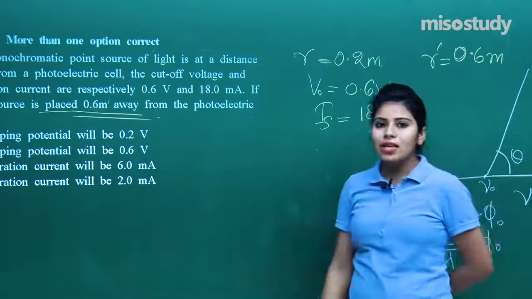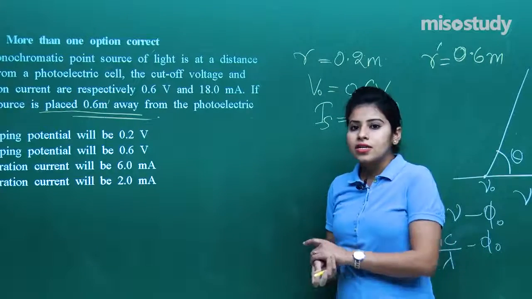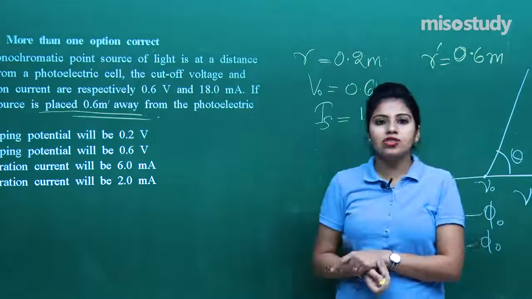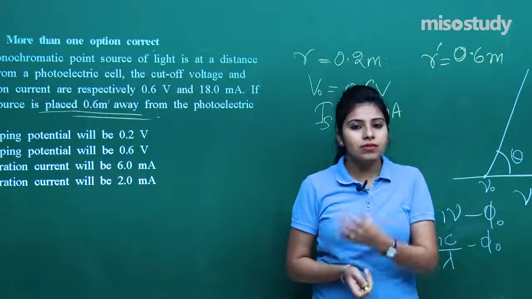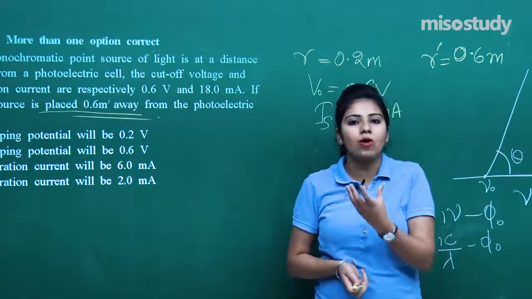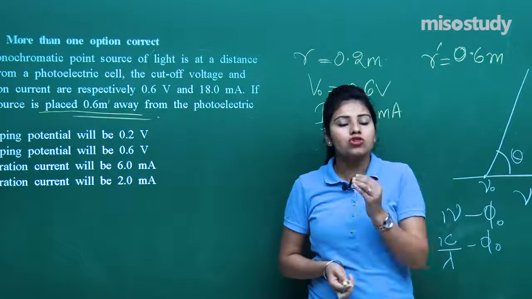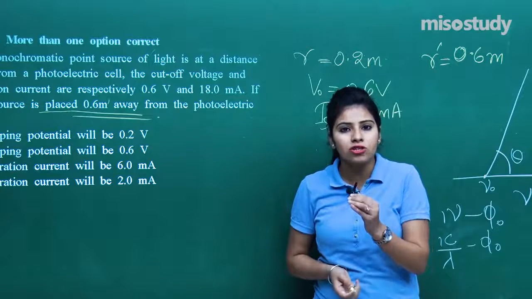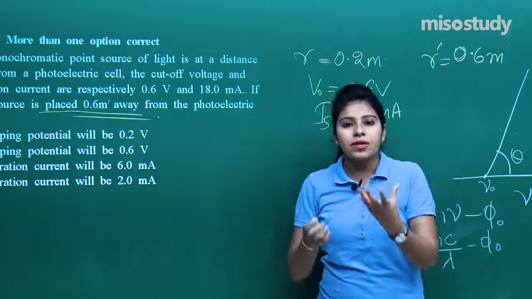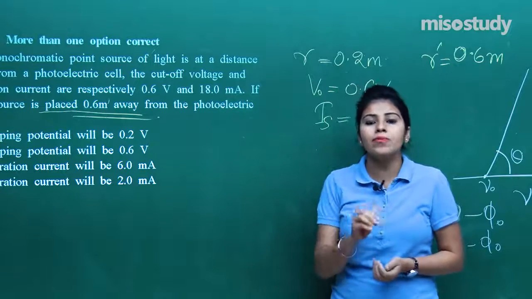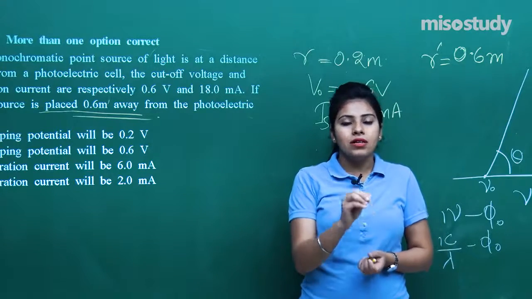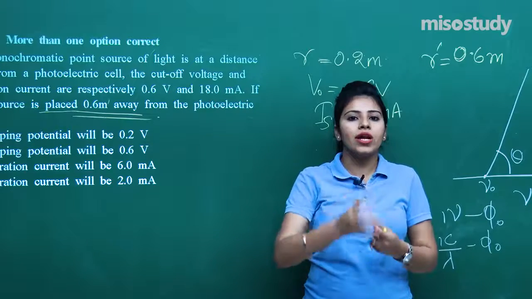Now let me tell you about the saturation current and stopping potential. Firstly, I should talk about the stopping potential. This stopping potential is independent of the distance, because stopping potential is that minimum potential that is applied so that no photoelectrons can emit.